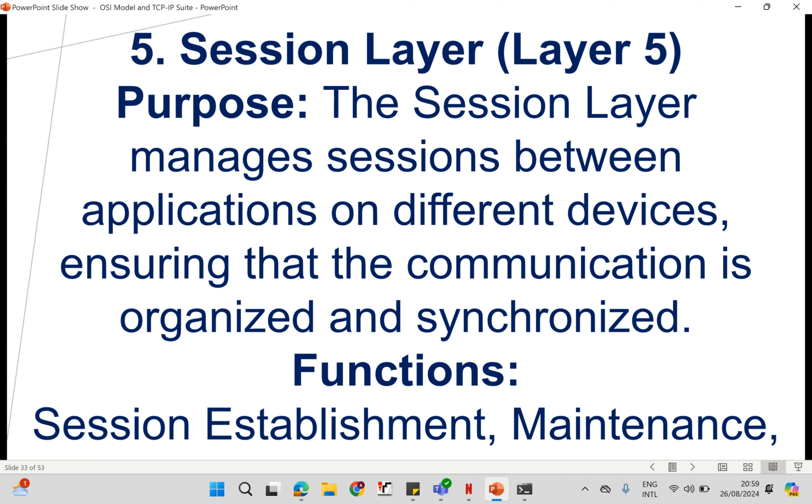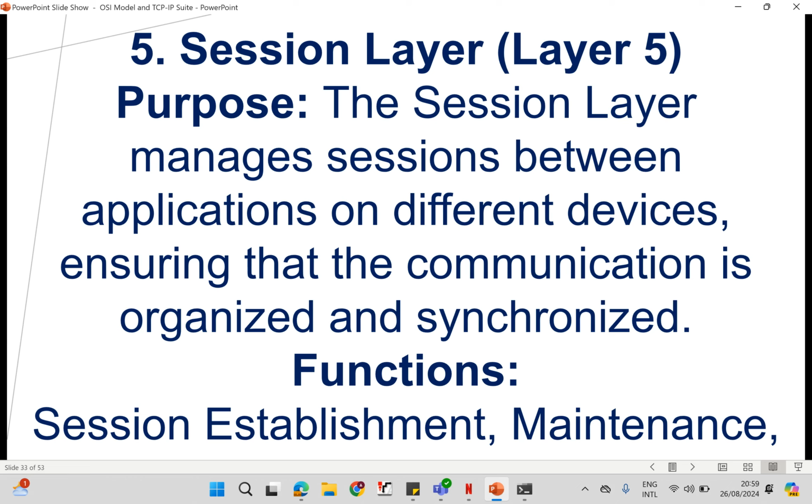Session, layer 5, which is the session layer. Purpose of this layer: the session layer manages sessions between applications on different devices, ensuring that the communication is organized and synchronized. Session organized and synchronized. This session layer is the one that ensures that everything is well organized and they sync.